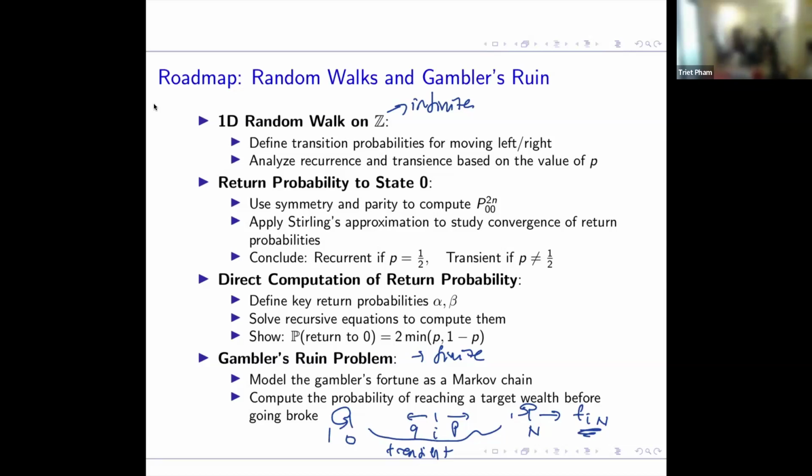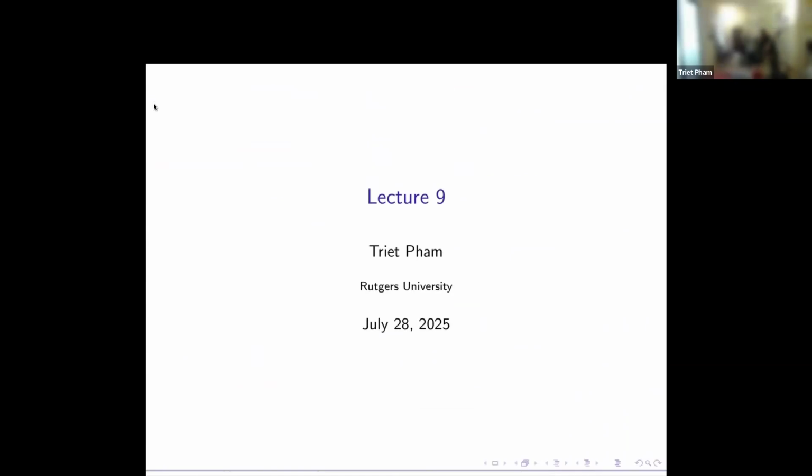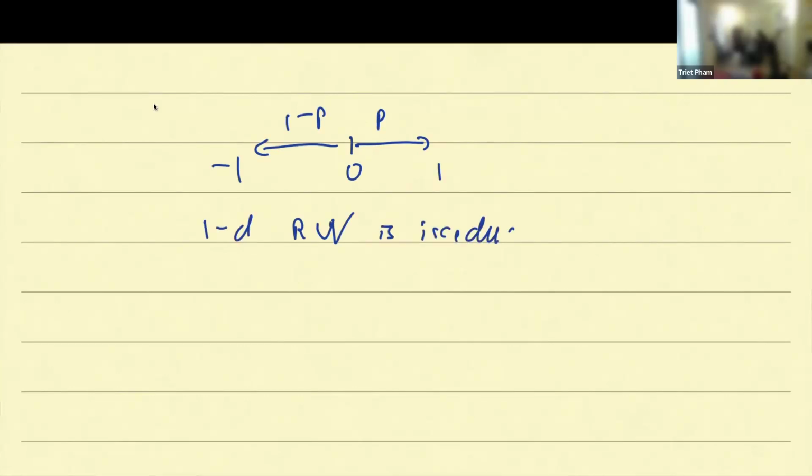Okay. So now, to motivate the random walk, let's ask a very simple question. The first thing to note about the random walk, whether finite or infinite, is that a 1D random walk is irreducible, meaning i communicates with j for all i, j.